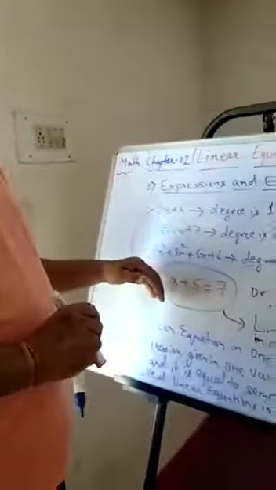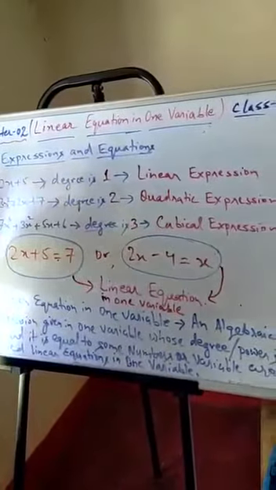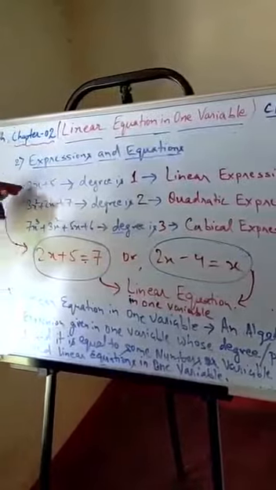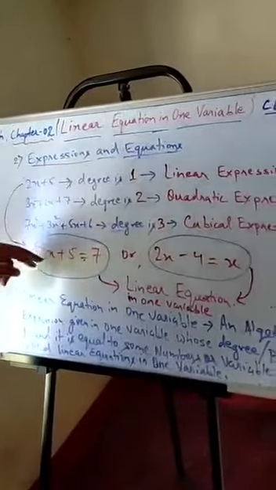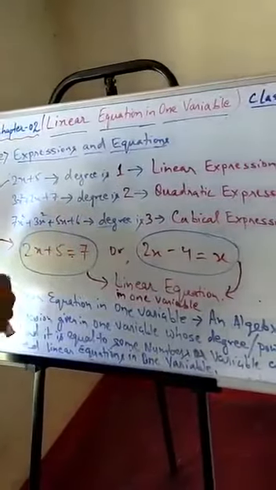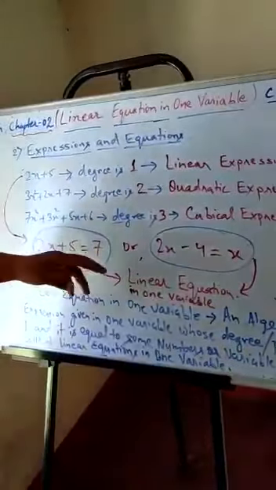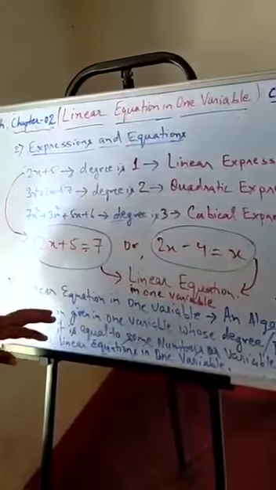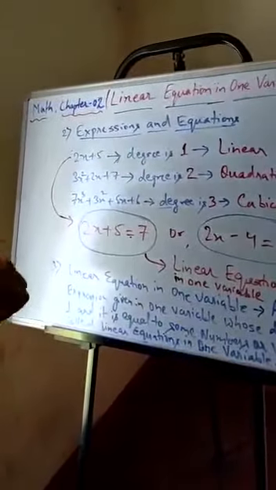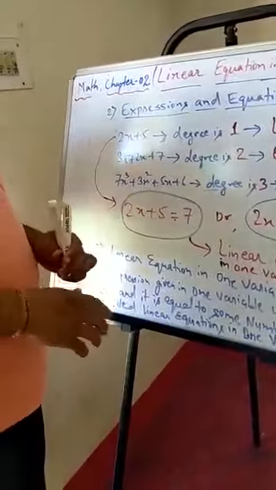Without the equal sign, they are known as linear, quadratic or cubical expressions. Here I showed you 2x plus 5 equal to 7 and 2x minus 4 equal to x, all of which are linear equations in one variable. Clear? Let us move ahead and cover the next topic of this chapter.